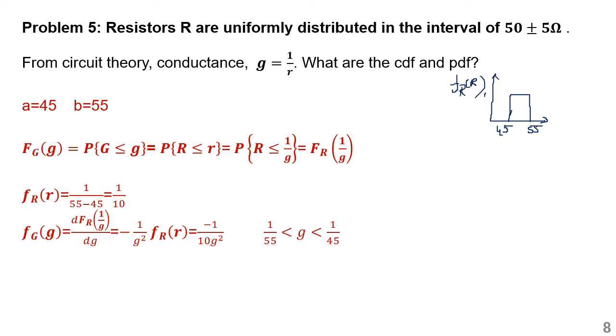So fR of R for a resistor is given by 1 divided by 55 minus 45, that is equal to 1 divided by 10.